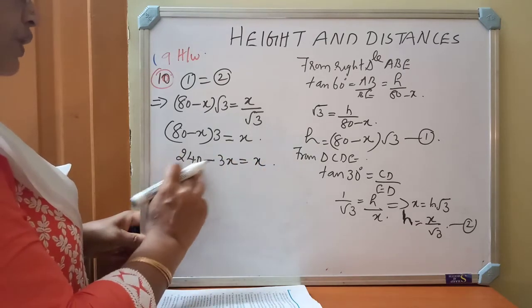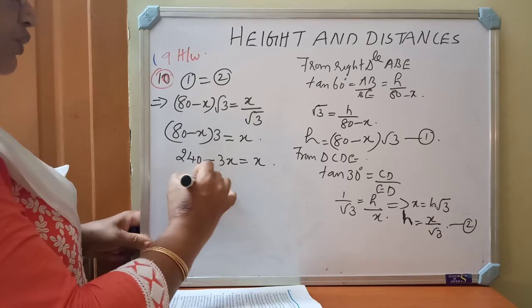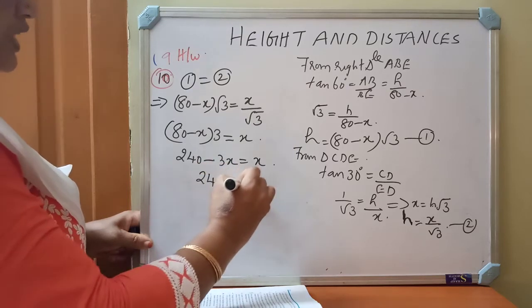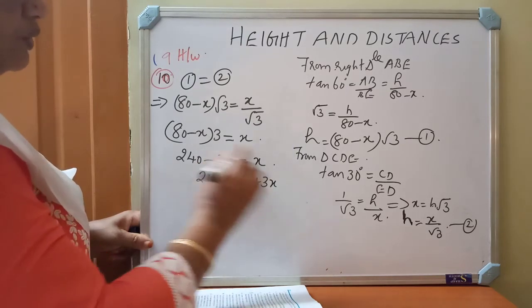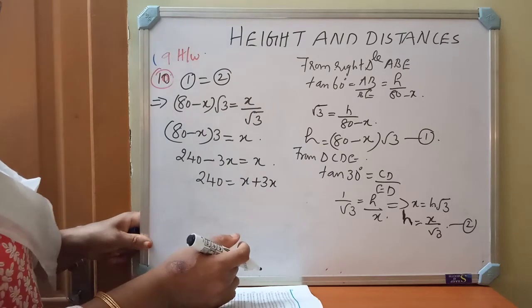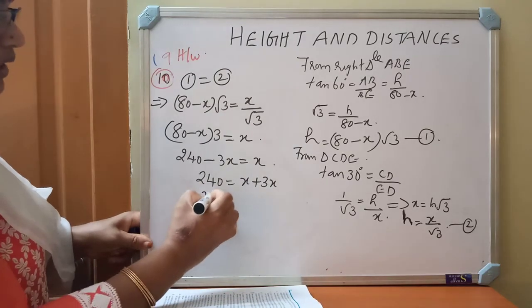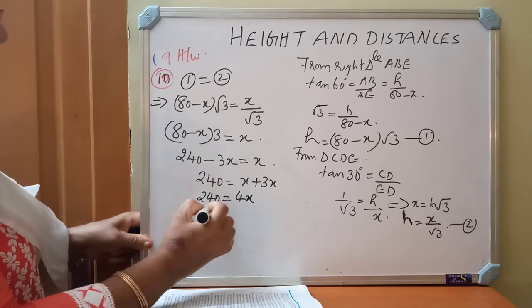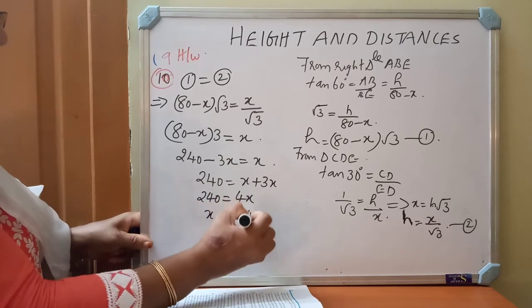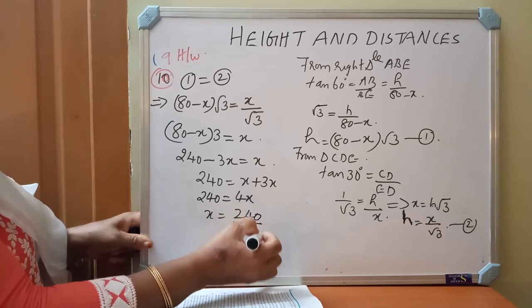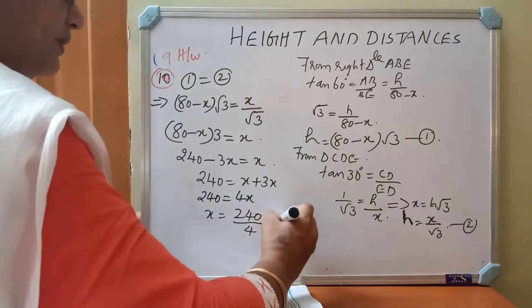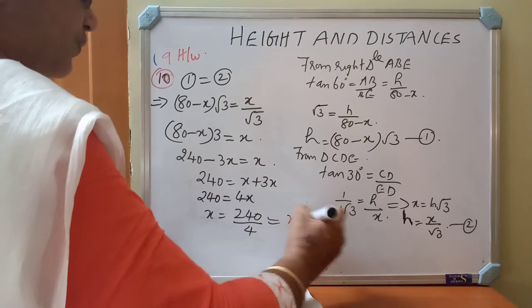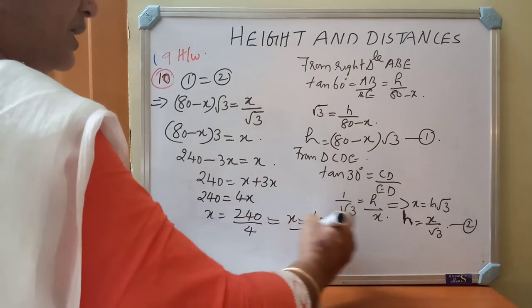So 240 is equal to x plus 3x. Group the x terms on the other side of the equation. So 240 equal to 4x, which means x equal to 240 divided by 4. That is x equal to 60 meter.